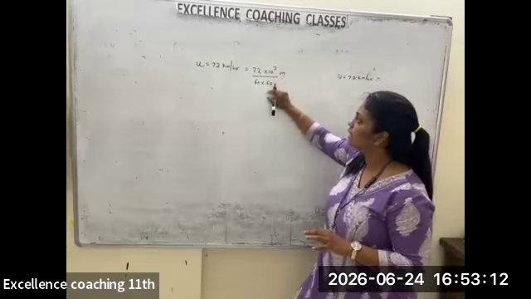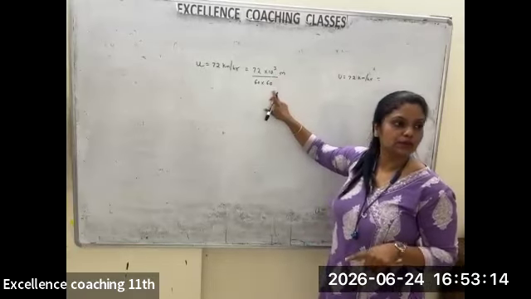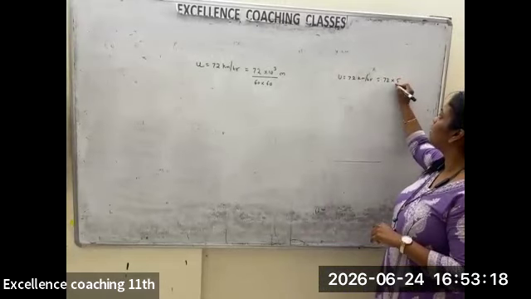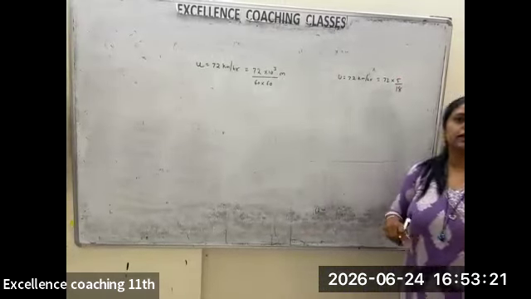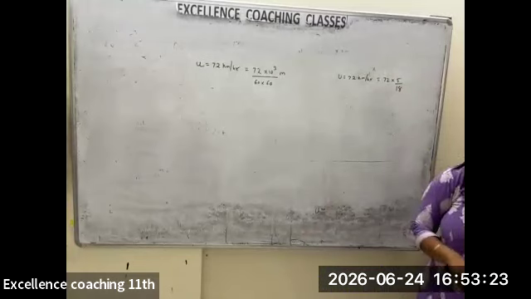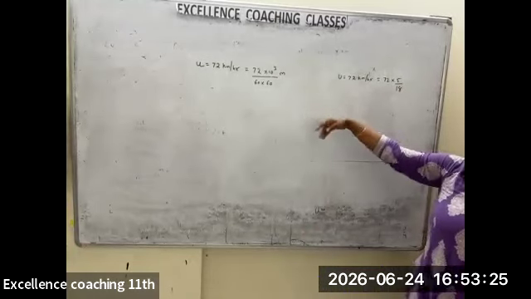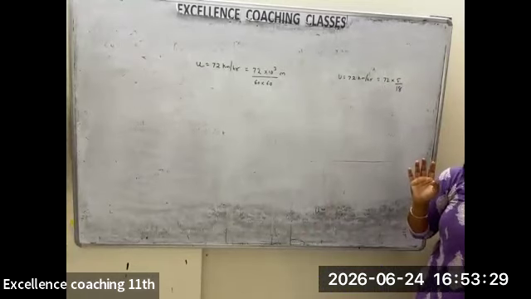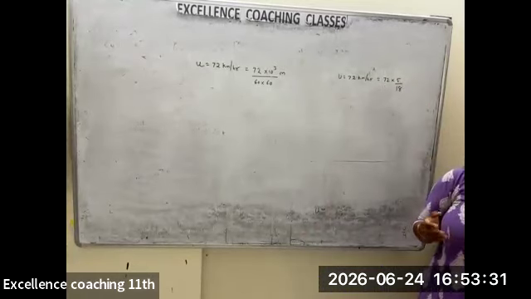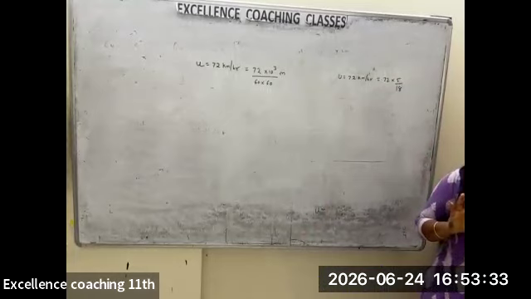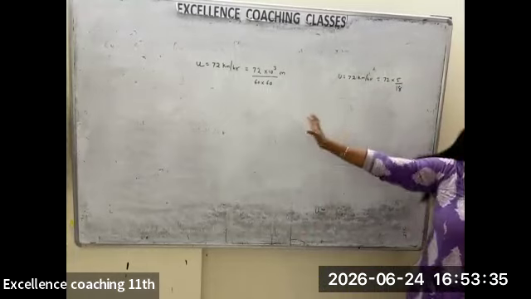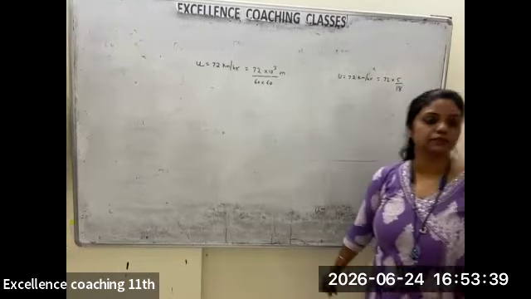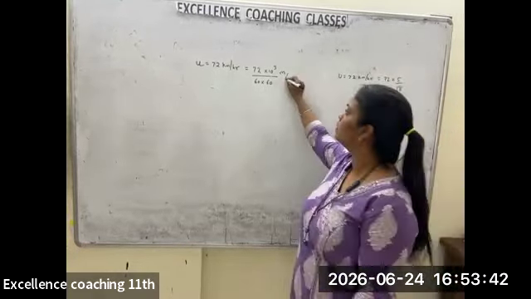If you divide 1000 upon 3600, you get 5 by 18. So you can directly multiply whatever the value is by 5 by 18. Either use 5 by 18 or do it the other way. First find out what is meter per second.